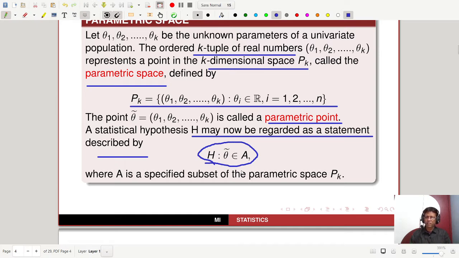You can write it like this, where theta tilde is the k-tuple of real numbers, and it represents the parametric point in the parametric space, where A is a specified subset of the parametric space Pk. Okay, so the statement can be written as H such that theta tilde belongs to A.